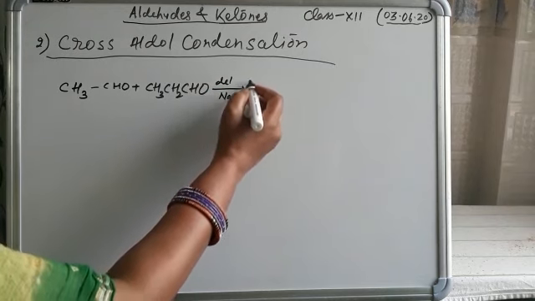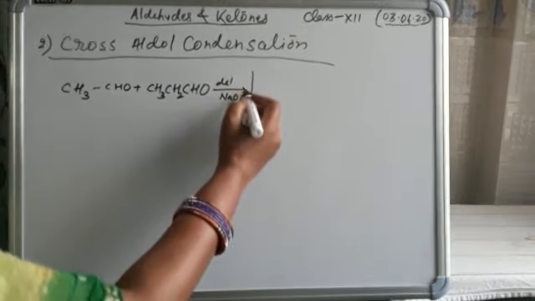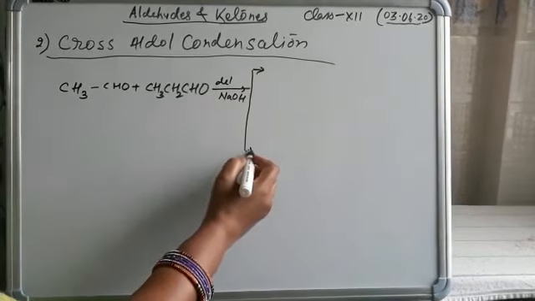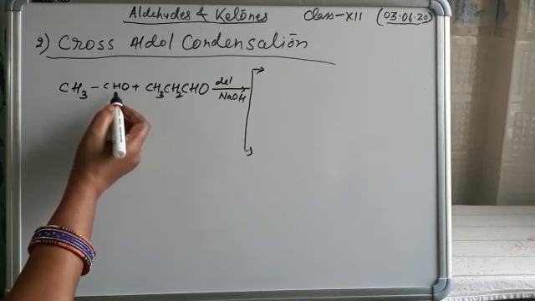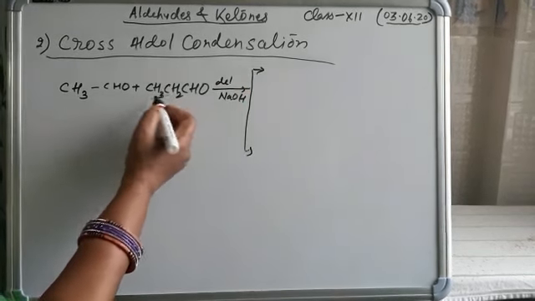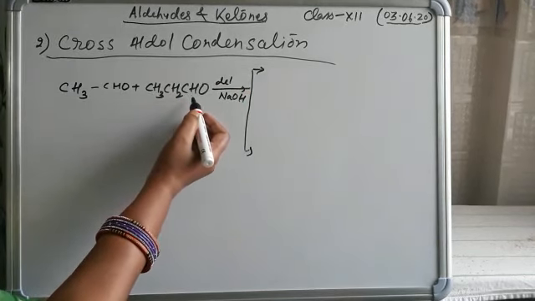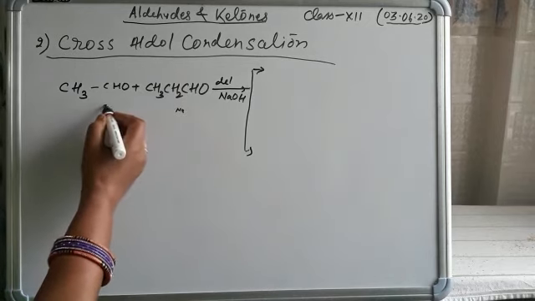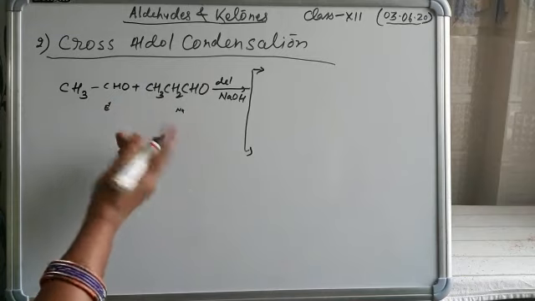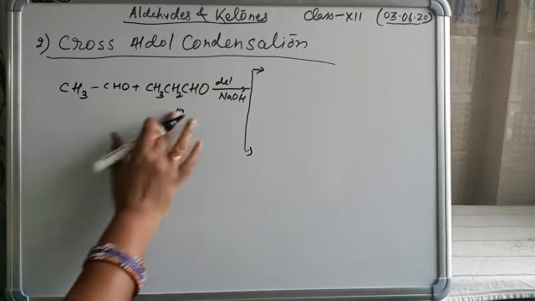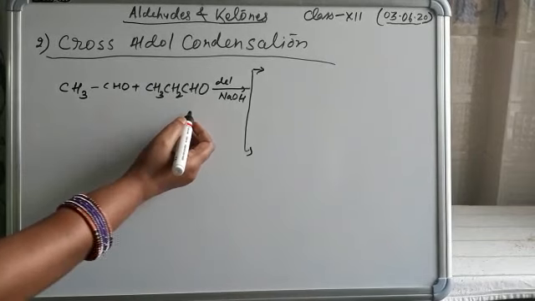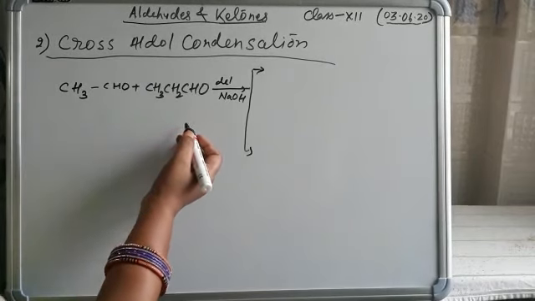A mixture of compounds will be formed. Ethanol reacts with each other to form one product. Propanol reacts with each other to form one product. And when this becomes the nucleophile and this becomes the electrophile, one product will be formed. And when we reverse, this becomes the nucleophile and this becomes the electrophile, another product will be formed.